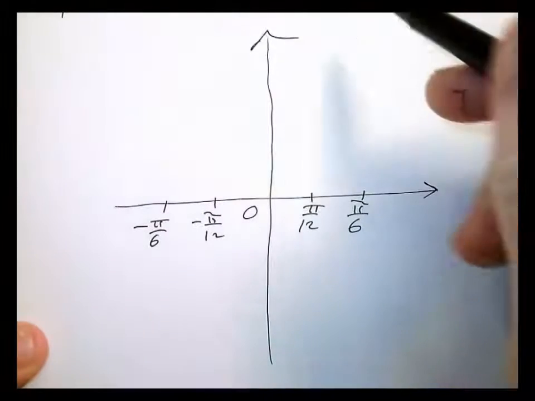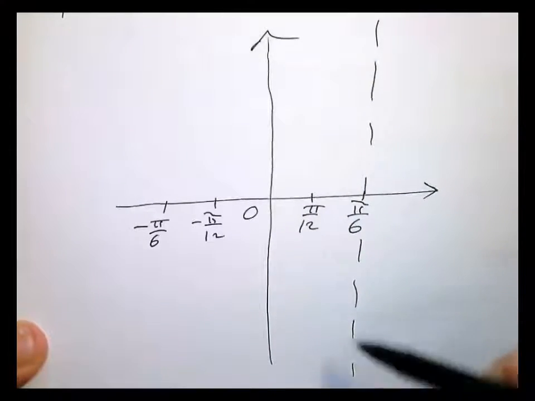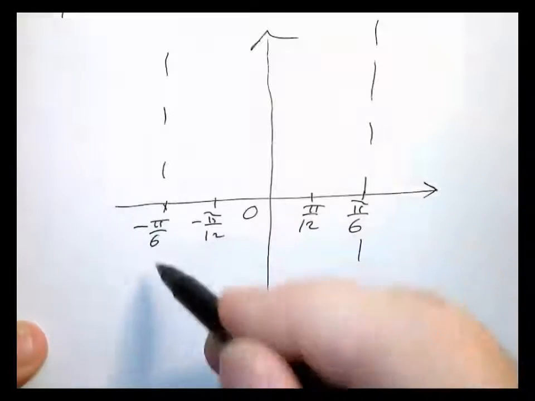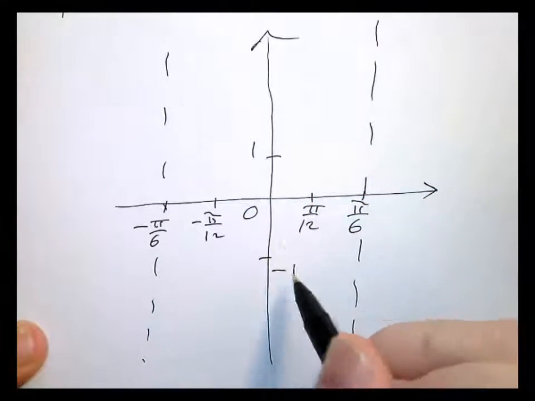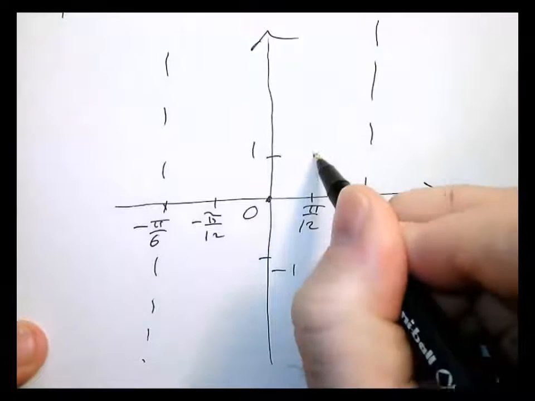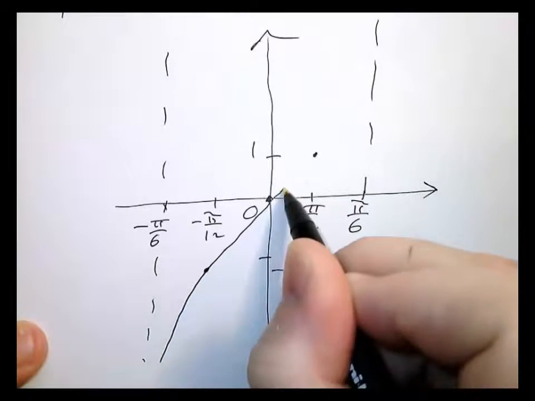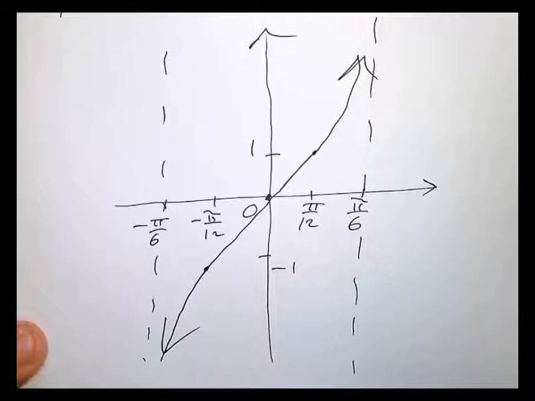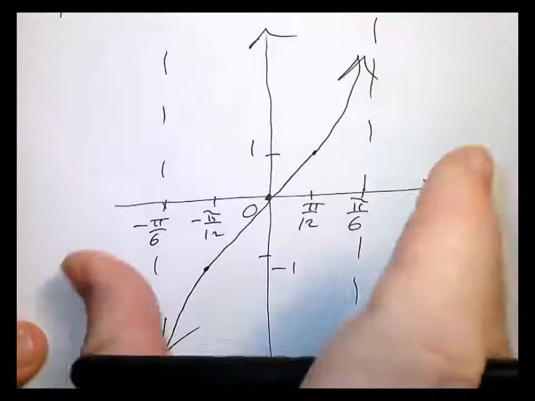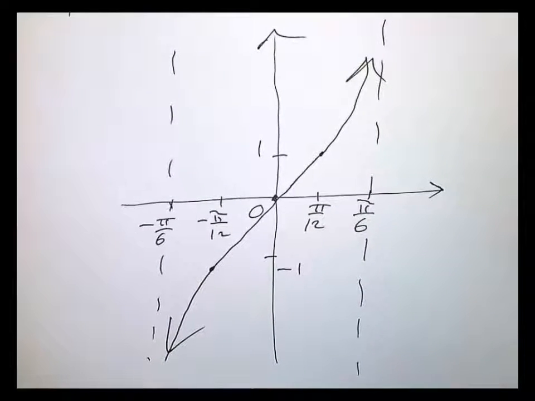And you can think about plotting points, but essentially I have the same exact behavior here as before. And here's 1, down here's negative 1, going through these 3 points, and then these asymptotes. So this is what my graph looks like, and it's shrunken in here. So, except for the scaling, they're all pretty much the same.